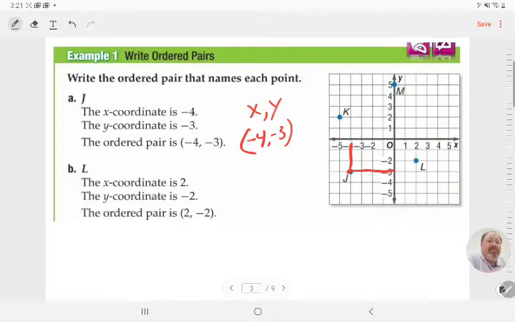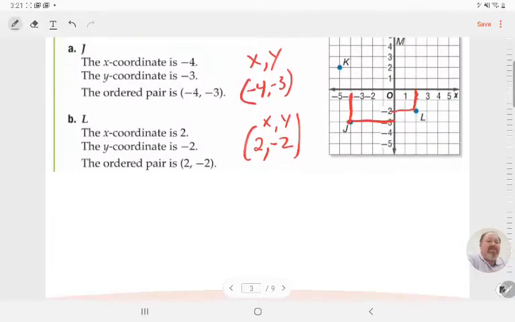And that's the point. L, if I go straight up, the x is at 2, and then straight over, the y is at -2. Okay, so you're just looking where it is on the graph, going up or down to the x line, and then going right or left to the y line.